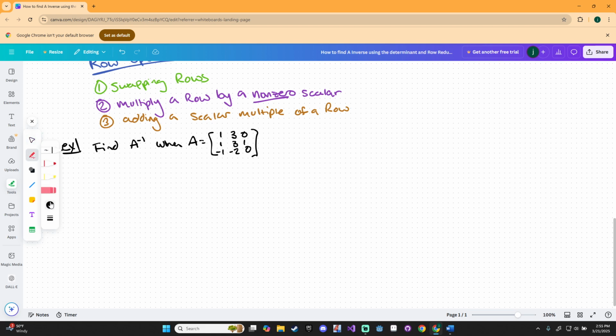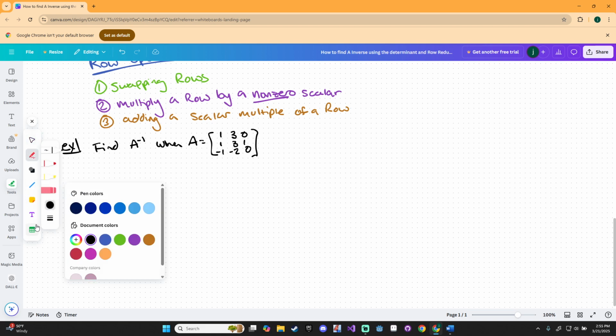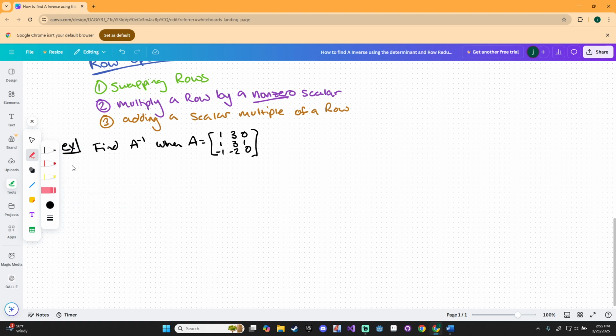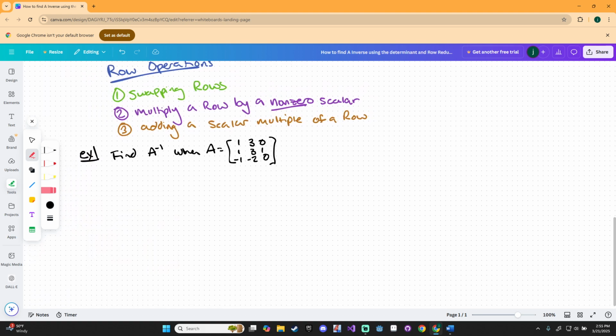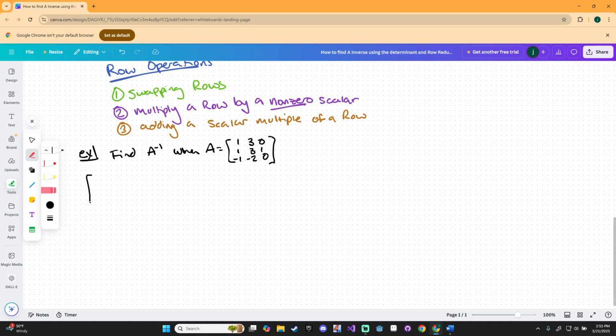When you set this up, what you want to do to begin with is set up your A, and then on the right side, you're going to put your identity matrix, with your goal being to get this on this side.